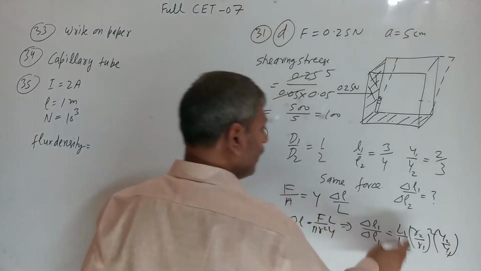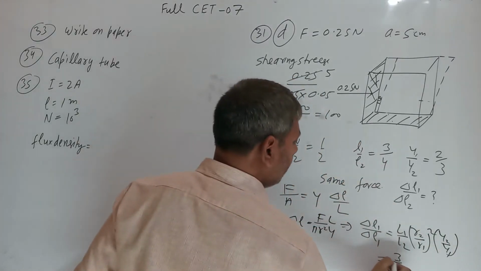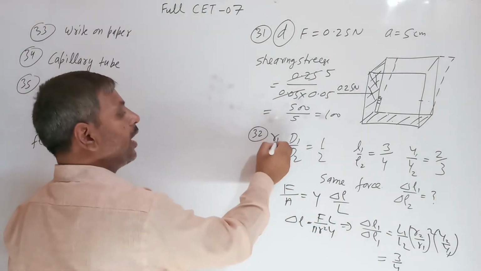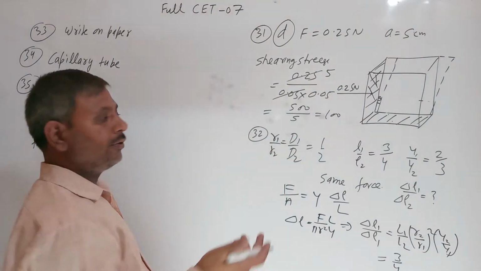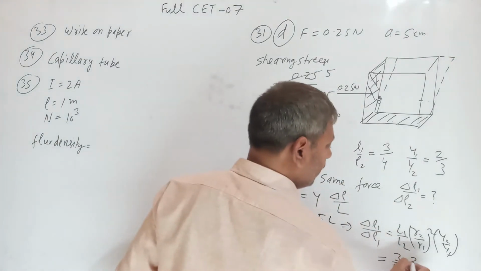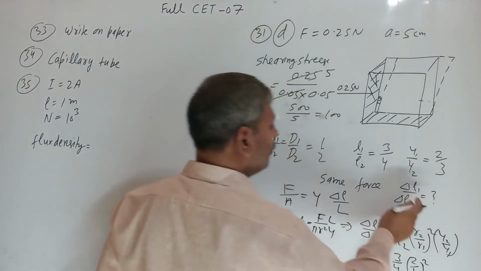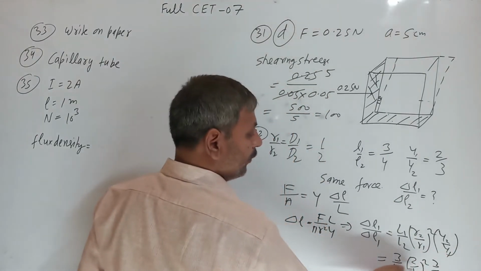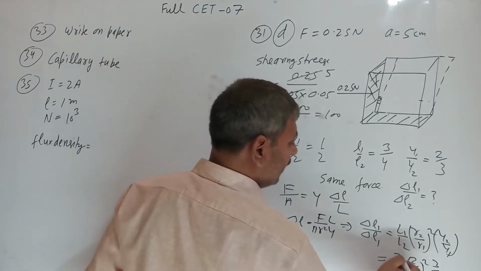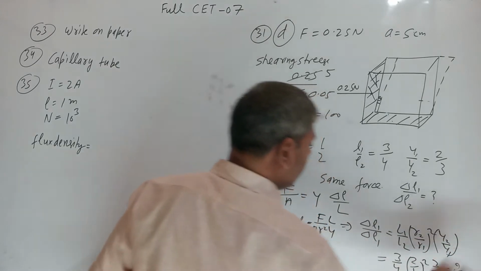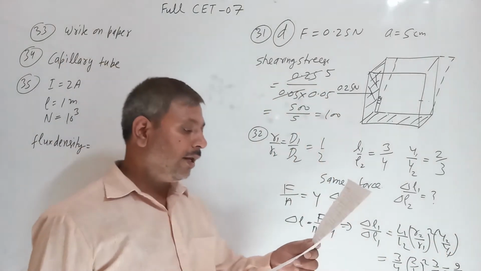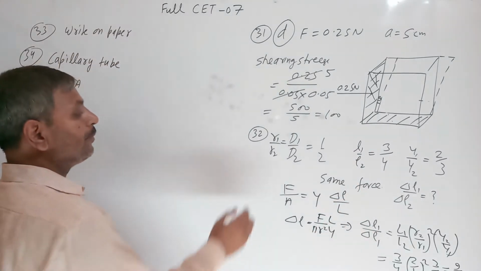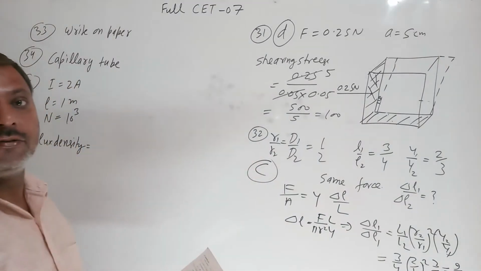So putting all in: L1 upon L2 is 3 by 4, r2 upon r1 is the reciprocal of d1 upon d2, so 2 by 1 square, and Y2 upon Y1, Y1 upon Y2 is 2 by 3, reciprocal 3 by 2. So 2 and 4 cancel, 3 3s are 9, so 9 by 2. So del L1 upon del L2 is 9 by 2, means 4.5. So for 32, C option will be the correct one.